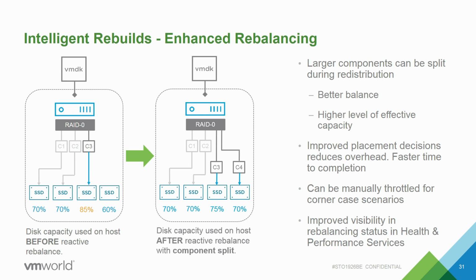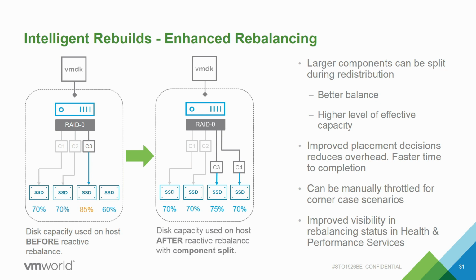In situations where you would have a vSAN cluster in which you had devices nearing around 80% in capacity, vSAN would automatically look to rebalance the components so that they would meet that lower threshold.